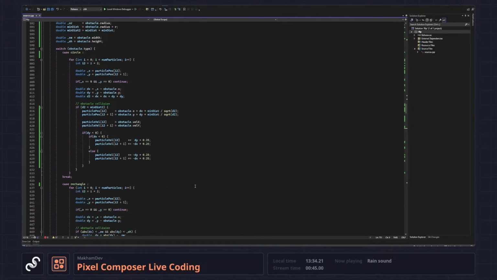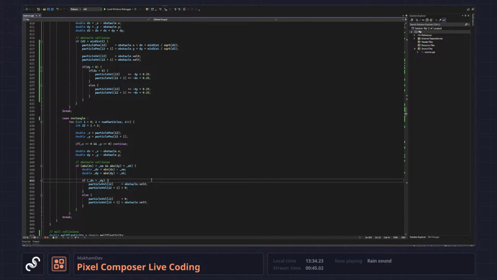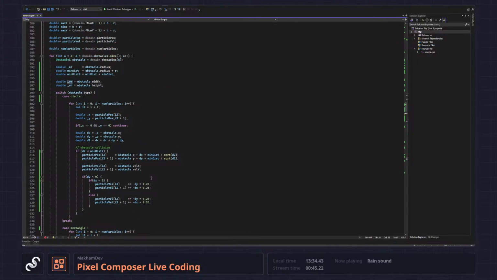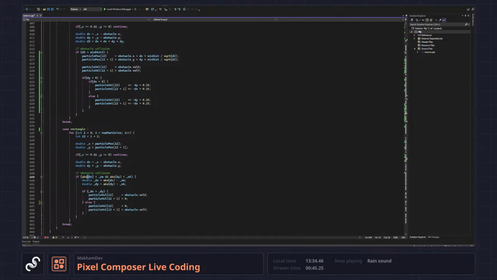Where is it? Collision here. The first thing is to move the object out of a rectangle. This one shouldn't be difficult. Here we say if the object is inside the range, if the absolute value of dx, so delta x, delta y, is less than the width and height of the rectangle, this means it's collided.